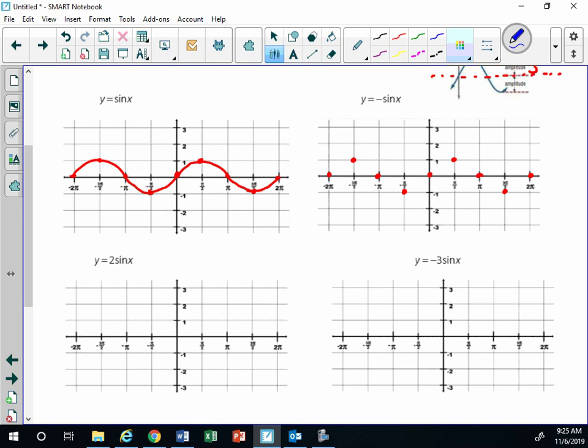So the points that are at 0, are they going to change at all? No. So I know these dots are going to stay. And then if you were at +1, you're going to go to -1. If you were at -1, you're going to go to +1. And then I will sketch in my graph.